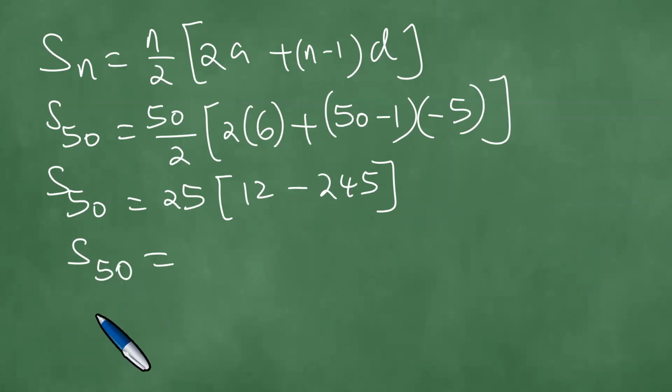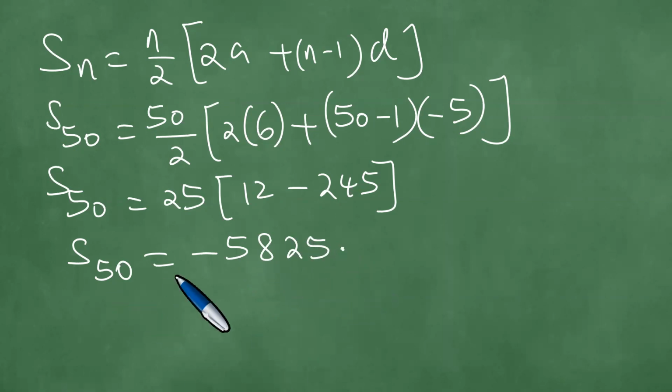So it's, we have 12 minus 245 times 25. So the sum is minus 5,825.